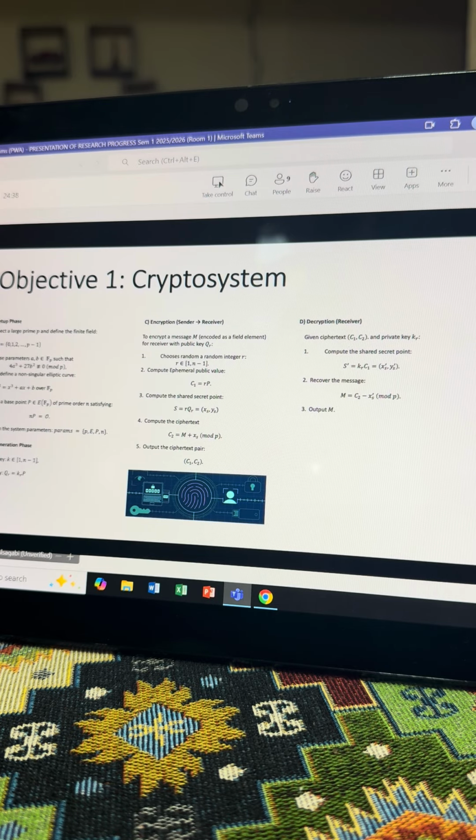To encrypt a message, the sender chooses a fresh random value, computes an ephemeral public point and a shared secret with the receiver's public key, and then masks the message using one coordinate of this shared point to form the ciphertext pair. Decryption is performed by recomputing the same shared secret with the private key and then recovering the original message from the ciphertext, which ensures confidentiality with relatively low computational cost.